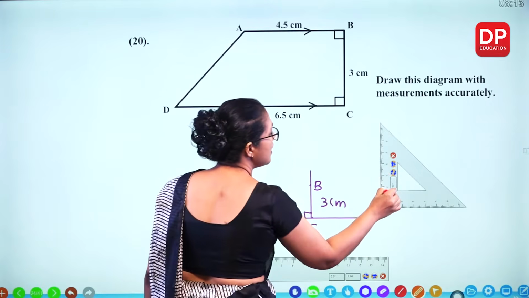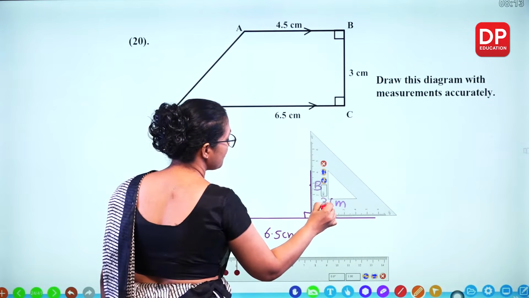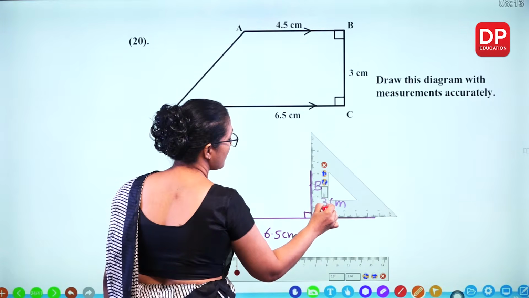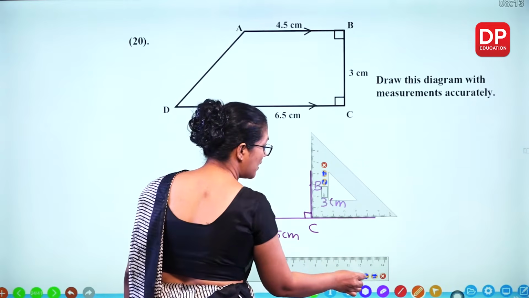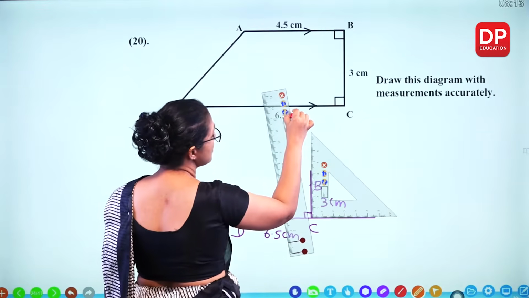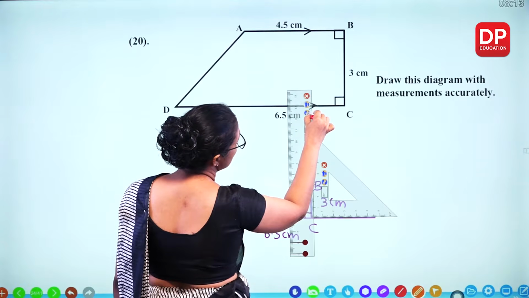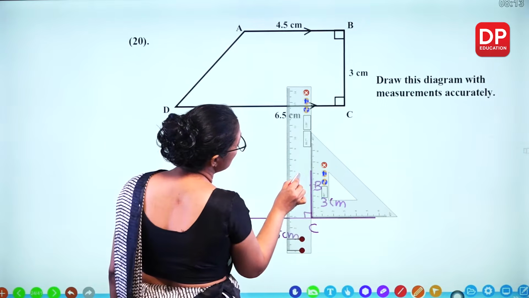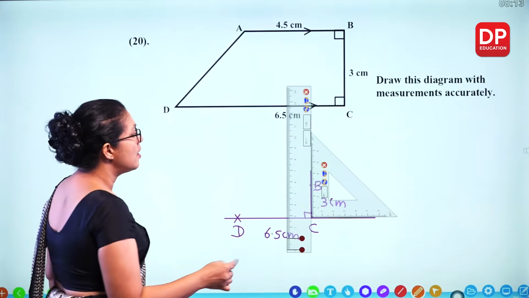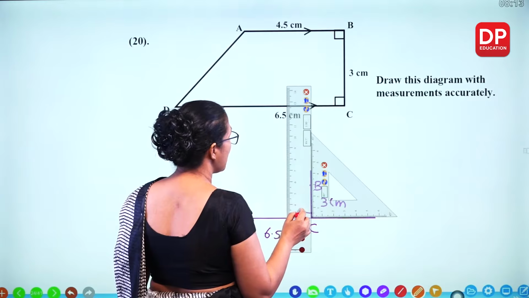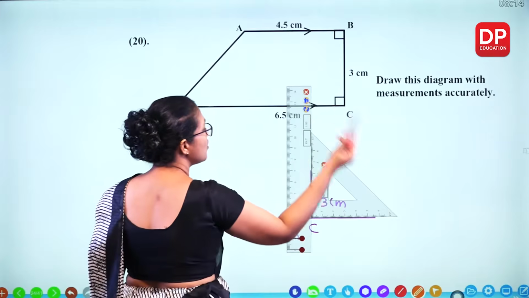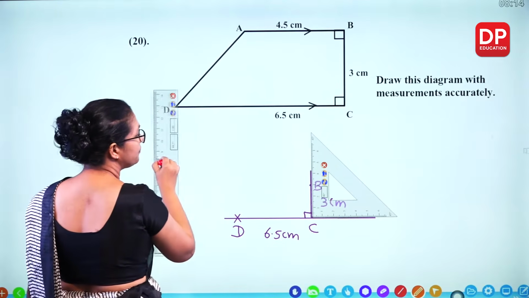Now we need to draw a parallel line here. So we can keep the set square and the ruler on top of this, like this, and hold it tightly, and we need the point here this way, so you have to take it the other way around.